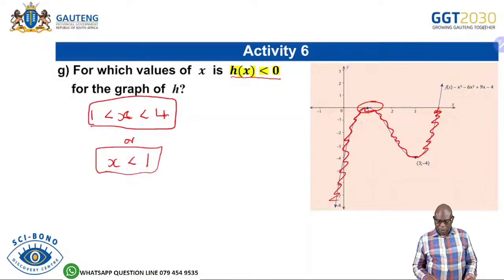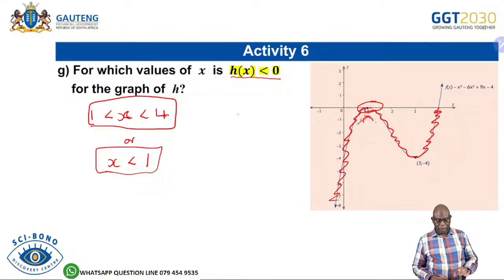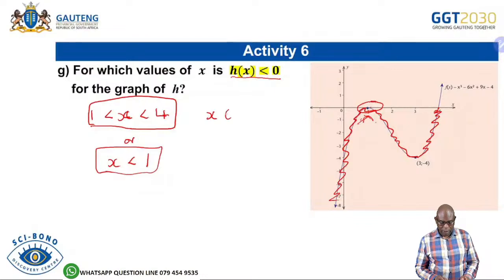If this point was somewhere here, then x will be from -4 to -infinity on the other side. But in this case, I'll write it in this form. Remember the other notation: x is an element of 1 and 4.